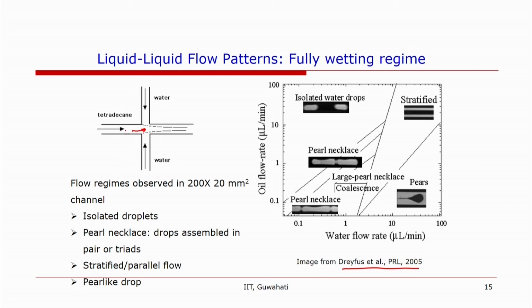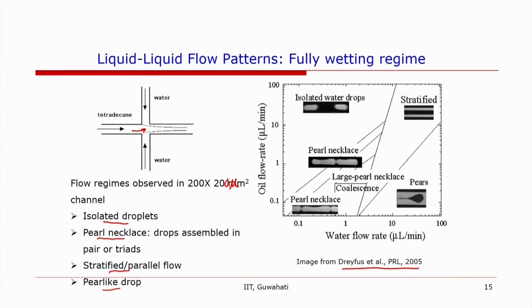Tetradecane is the dispersed phase coming from the center and water from the two sides, in a 200 by 200 micron channel, and they observed different flow regimes: isolated droplets, pearl necklaces, stratified or parallel flow, and pear-like drops.